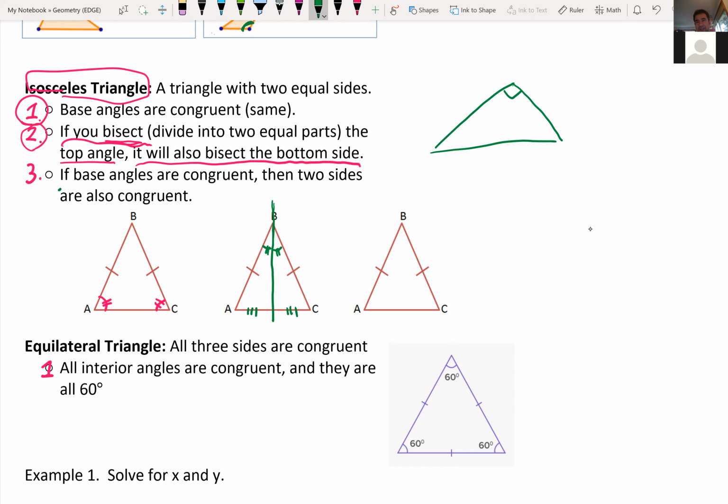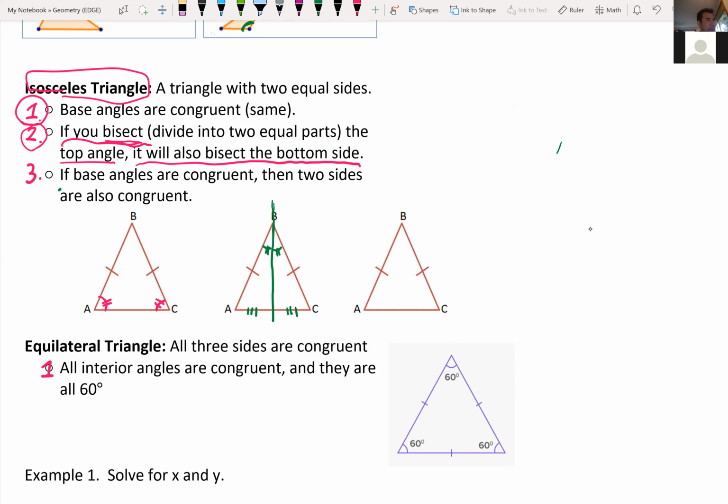Don't think it does. Yeah. If you cut the angle in half, do you think this will cut the bottom side in half as well? And it does. But if you have an isosceles triangle, if you cut the top in half, then the bottom is also going to be equal to each other. Okay? We'll cut in half.